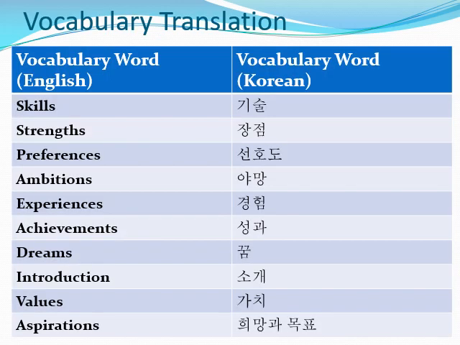Now we have 10 more vocabulary words. Ready? Skills. Strengths. That's a long word, but it's 1 syllable. Preferences. The emphasis is on the first syllable. Preferences. Ambitions.